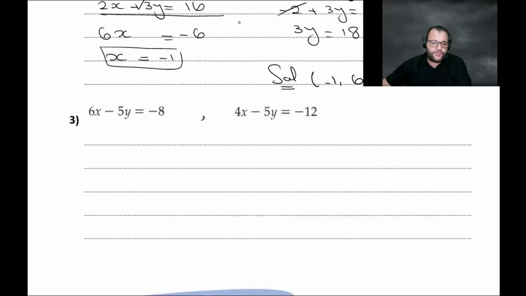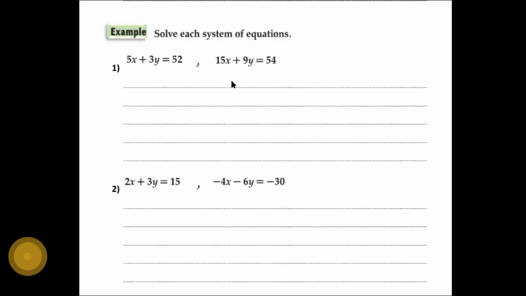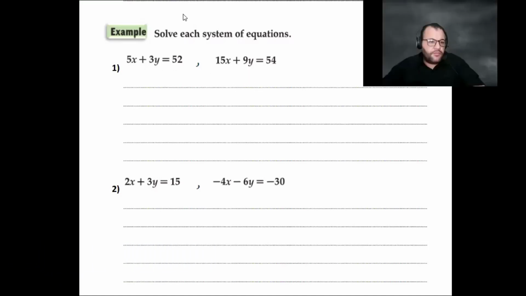Okay, so if they have the same sign, you multiply by negative 1, right? Yes, multiply one of the two equations by negative 1. If you look at x, you will find 5 and 15, they are not equal, and y, 3 and 9, they are not equal. So we need to make the same coefficient. To make 5 to be 15, you need to multiply by negative 3.